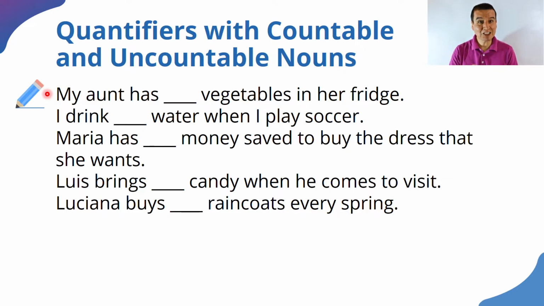So your challenge here is for you to analyze, is this a countable or uncountable noun? And before that, you can decide to use any of the expressions that you have seen in this video. And there is no one single correct answer, but just make sure that the noun that you're using accepts a quantifier that goes before countable and uncountable.